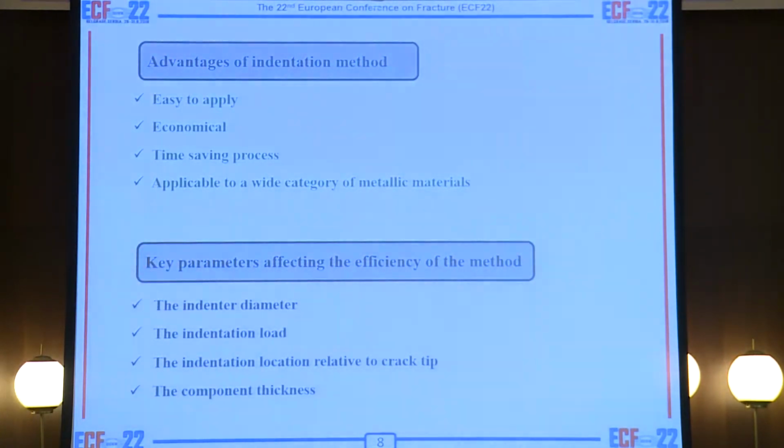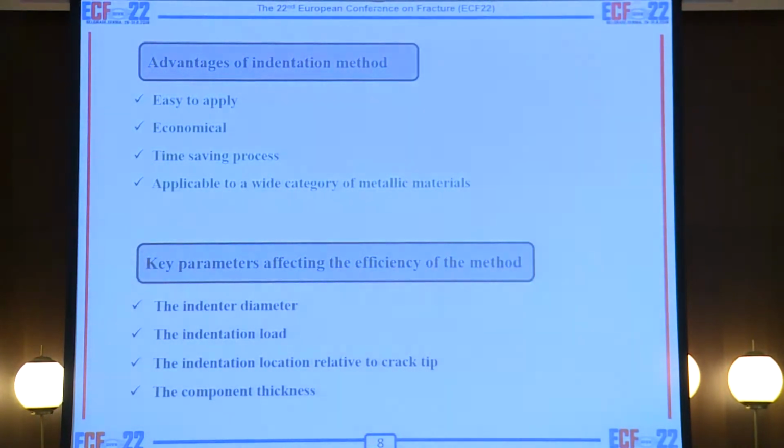The key parameters which can influence the efficiency of this method are the diameter of the indenter, the indentation load, the location of the indentation, and also the thickness of the component, because you can mainly use this method for thin plates.